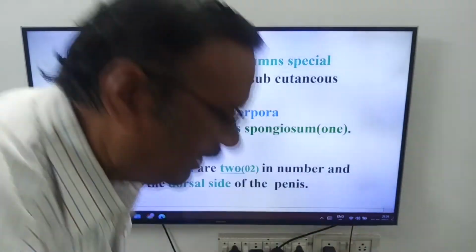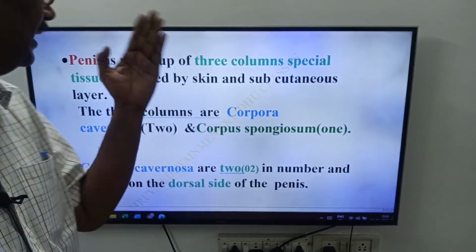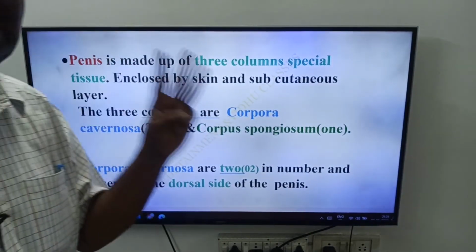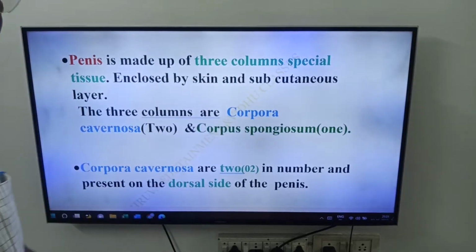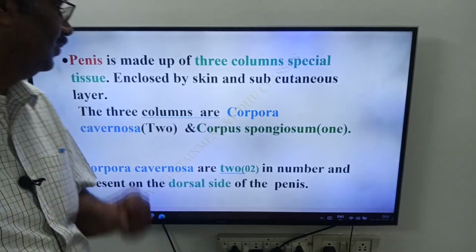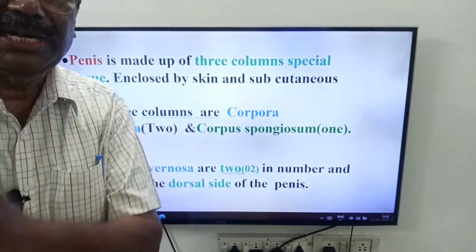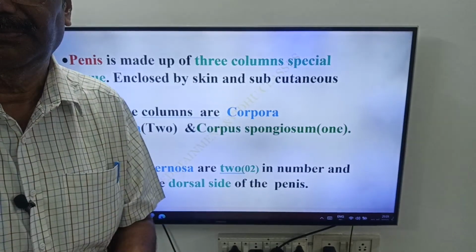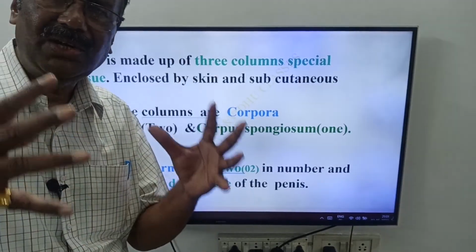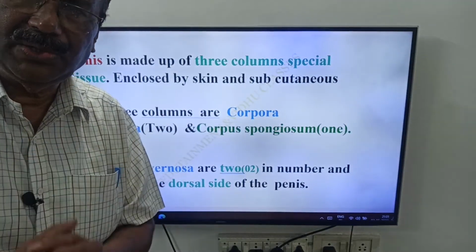See, friends, next, the internal structure of the penis. The penis has 3 columns of special tissues. These 3 tissues are enclosed by whom, friends?